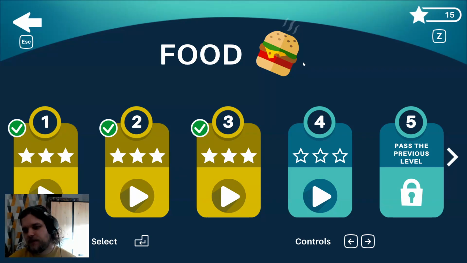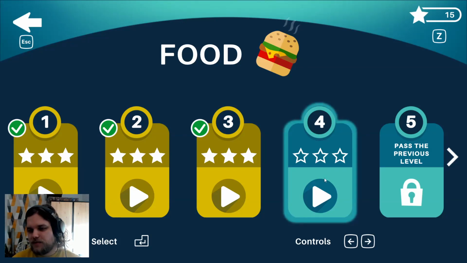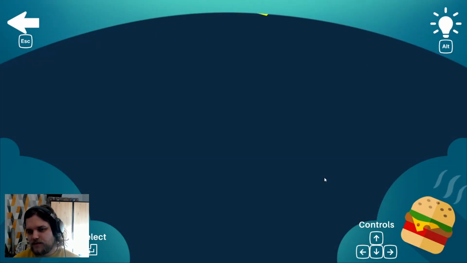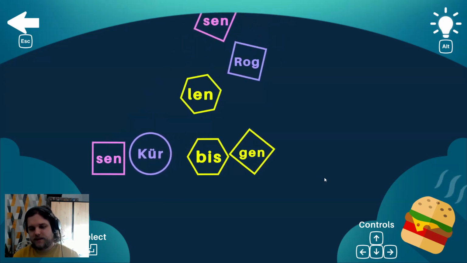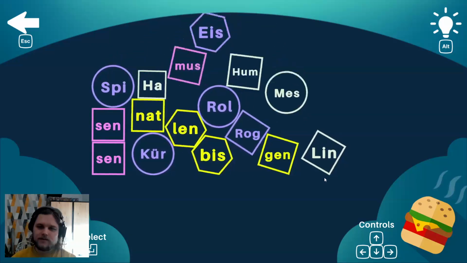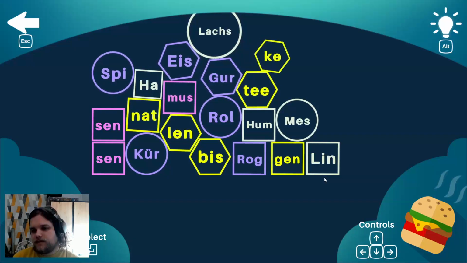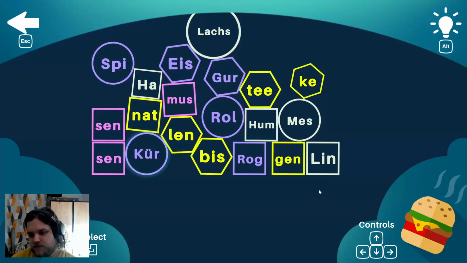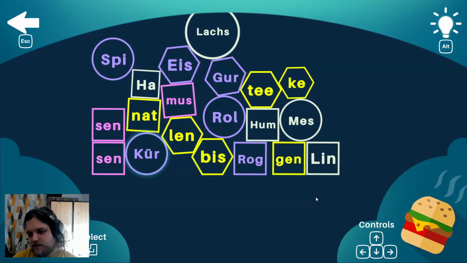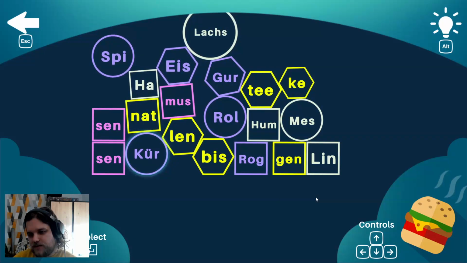I've completed some easier levels for the food category. I know some of the words, so hopefully I'll be able to manage with that. Like 10 to 15 words probably on the level. Okay, so it's German words related to the food category.